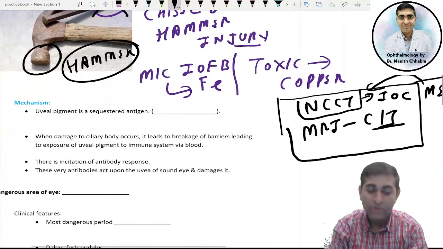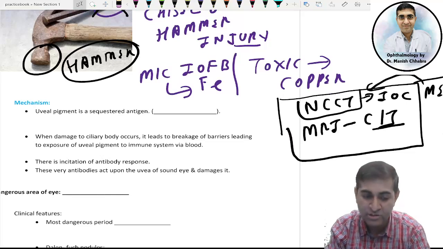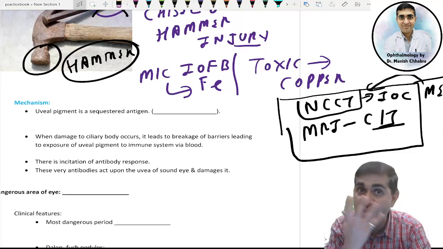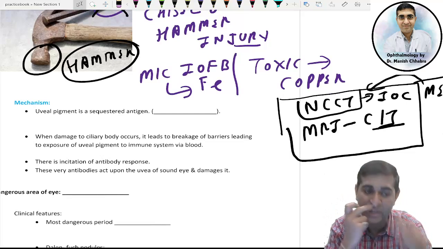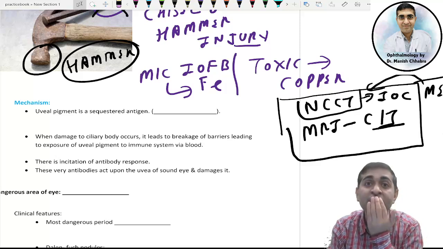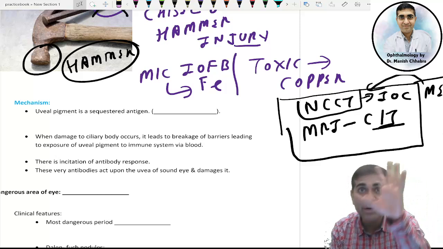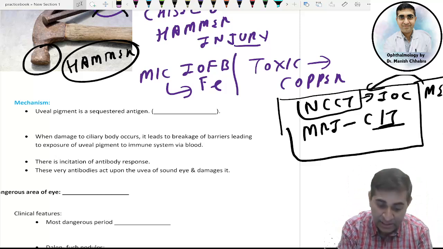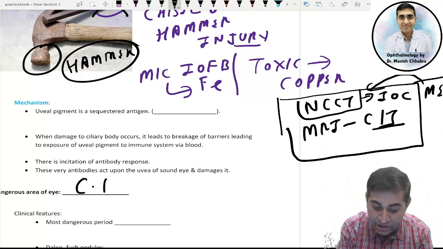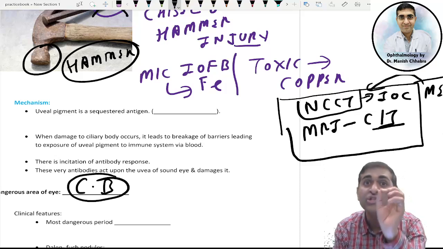Okay, now what happens in sympathetic ophthalmitis? You must have read about the dangerous area of face in anatomy, of course. So there is the upper lip region, right? Any infection in this region will enter into the cavernous sinus. Similarly, we have got a dangerous area of the eye, and boys and girls, that dangerous area of the eye is your ciliary body.